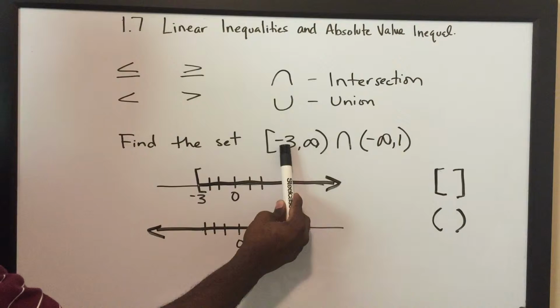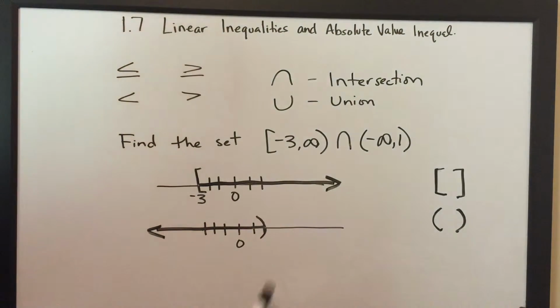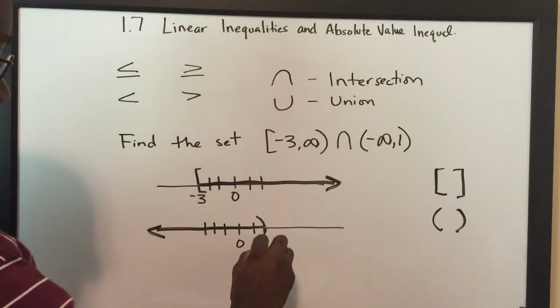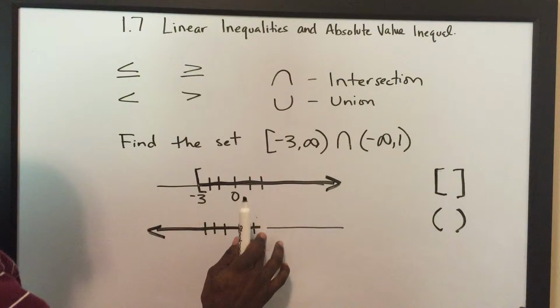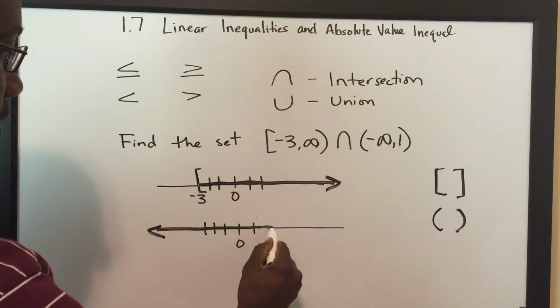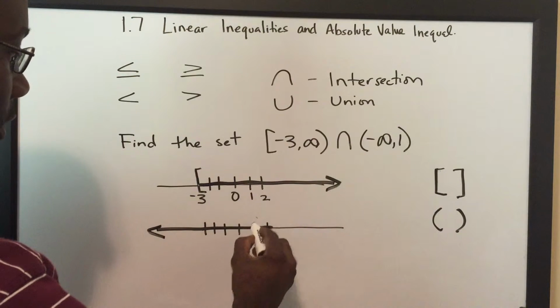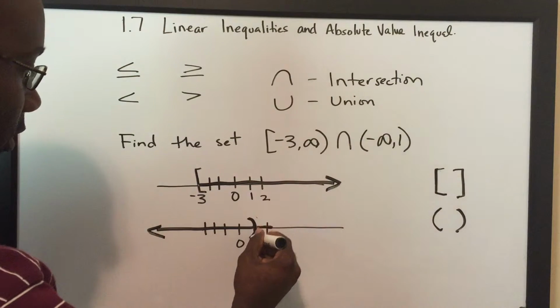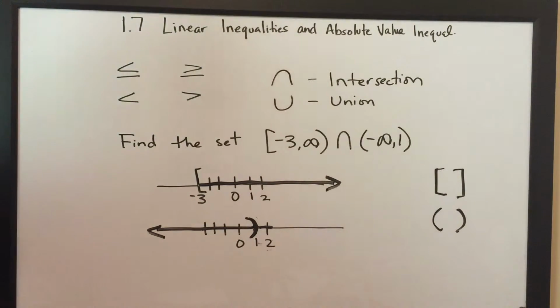With parentheses, it's saying that this 1 is not a part of the solution. The parenthesis should be on the 1, because it's 1 there. I made a mistake and had to place it on the 2 at first.